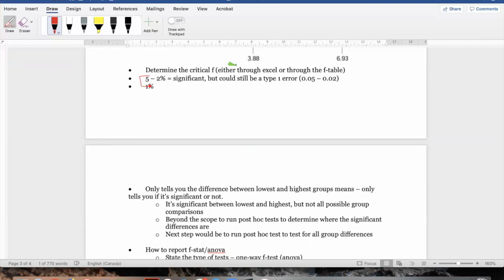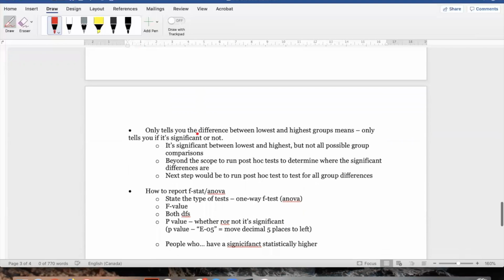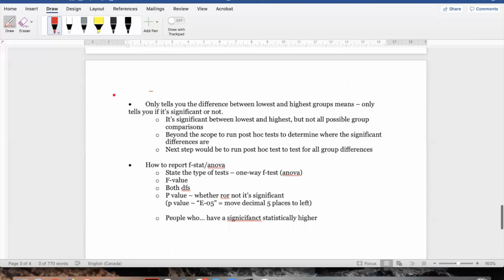We're going to set the alpha at 0.05. And again, this is just the warning that it only tells you the difference between the lowest and the highest group. So in our case, it's only telling us the difference between the full-time and the casual. And this is what it's telling you, if this is significant or not.